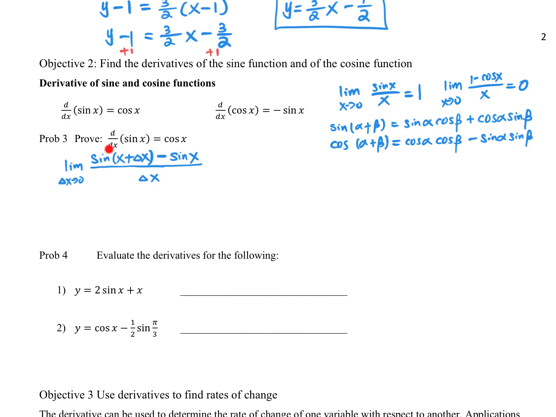Now I have sine of the sum of these two items. We are going to use this identity there. So this is equal to the limit as delta x approaches 0 of sine x cosine delta x plus cosine x sine delta x minus sine x over delta x.